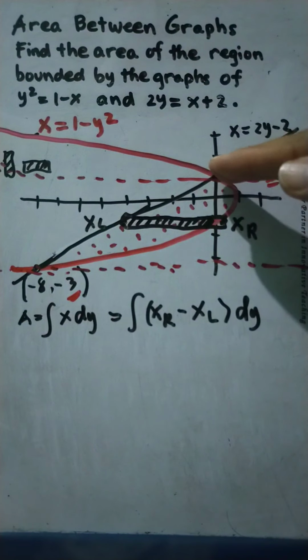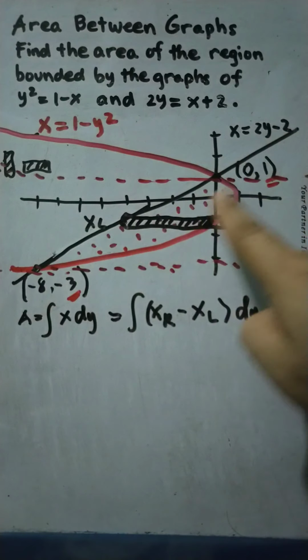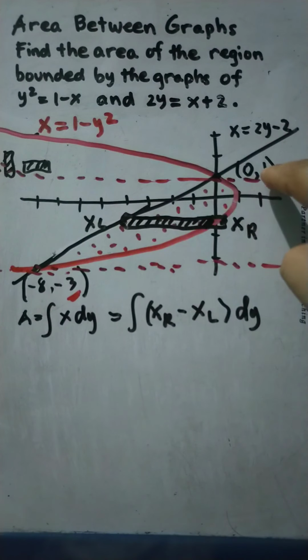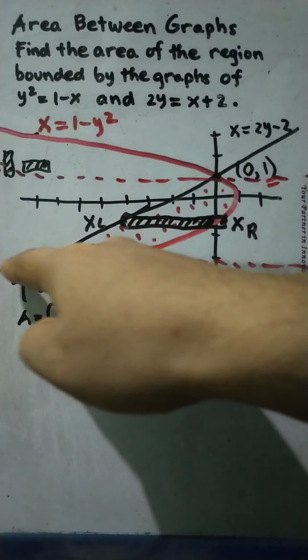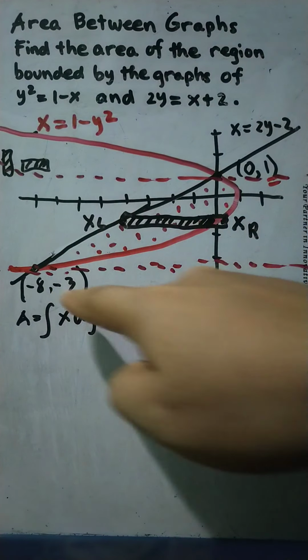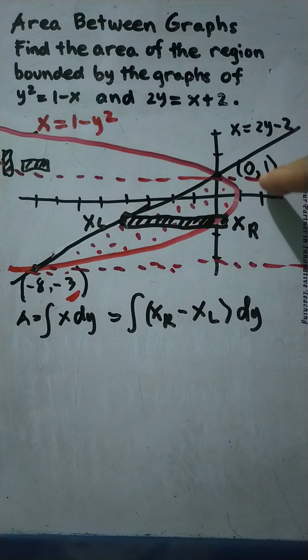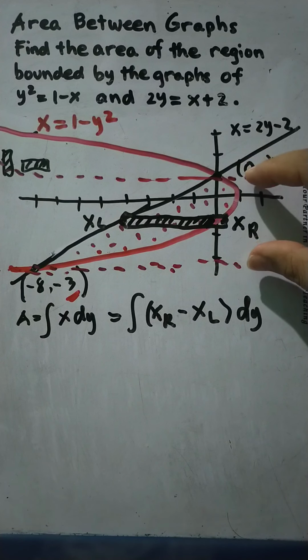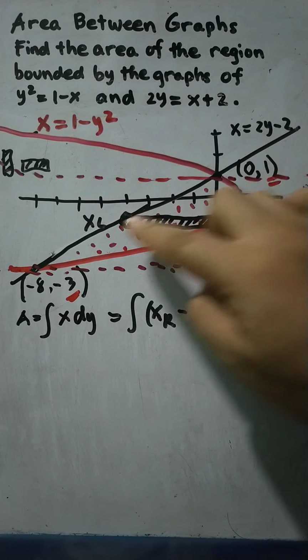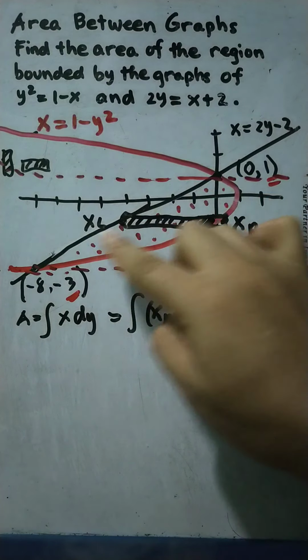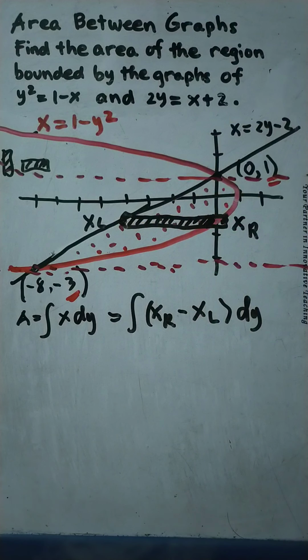And then the upper limit wherein the region is located is +1. Okay? The value of y is -3 and then the value of y is +1. These are the lower and upper limits wherein the area of the region is located.